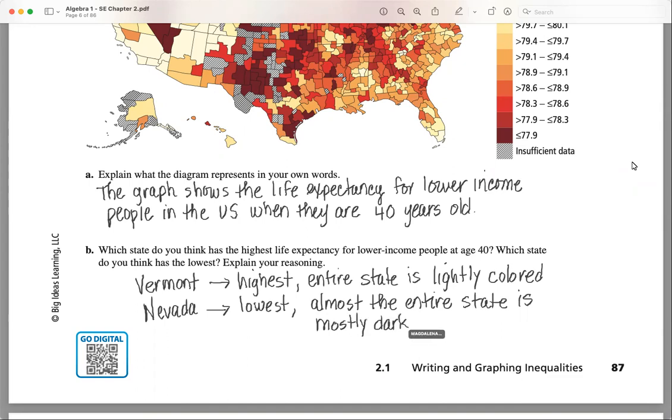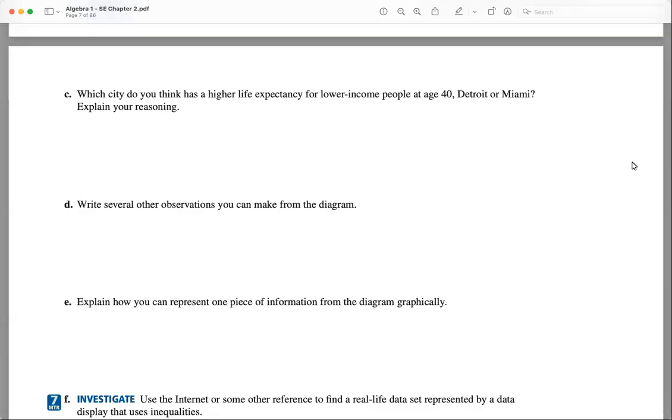Or maroon, almost like wine color, very, very dark. On the next page, let's continue answering some questions.